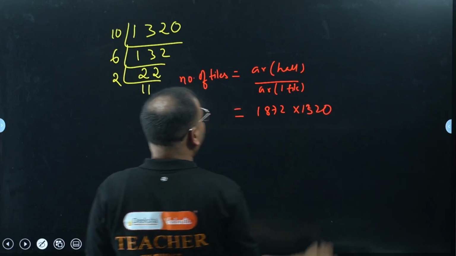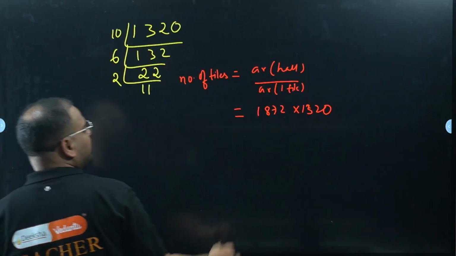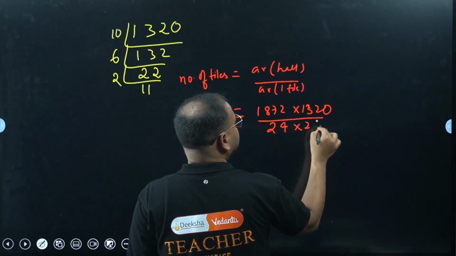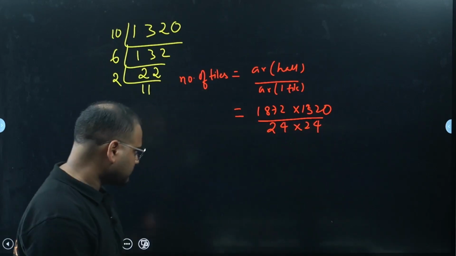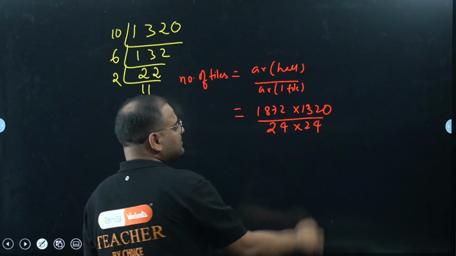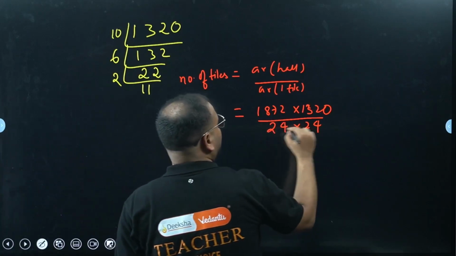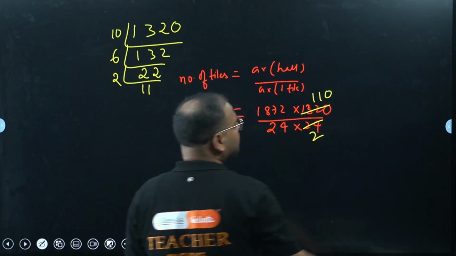Let's check. 1320 and 1872. Okay. Divide by 24 into 24. The square side is 24, so area is 24 square. Cancel it. Cancel it. 12, 12. Change the color. 12 times 2.